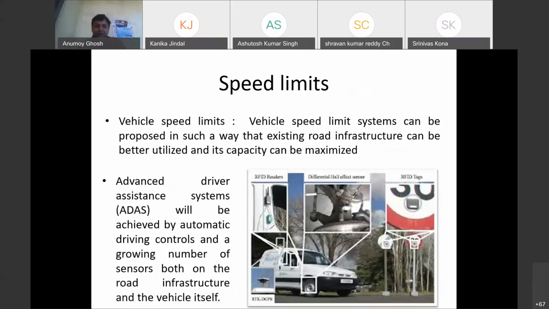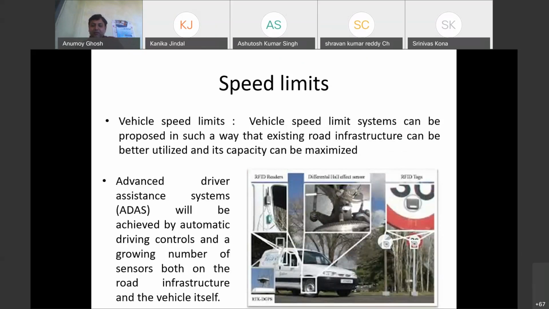Now, as I've told you about speed limits, suppose there is a speed limit of 30 kilometers per hour. You can see there is a stand over here. Here there is an RFID reader, and what will happen? An RFID card tag will be on the bonnet of this car, and this tag will be wirelessly connected to a sensor in the wheel, just above the wheel.